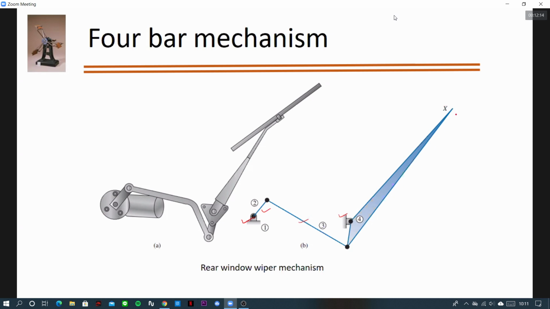And this whole complete structure that is forming here, this is your link 4. So it's a 4-bar mechanism which works for the rear window wiper in your cars. It's most commonly used. So this is a very good example to understand the 4-bar mechanism to start with, right?